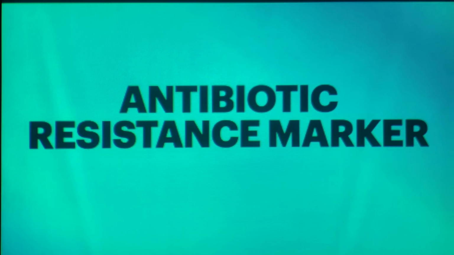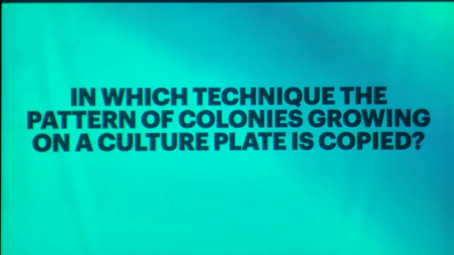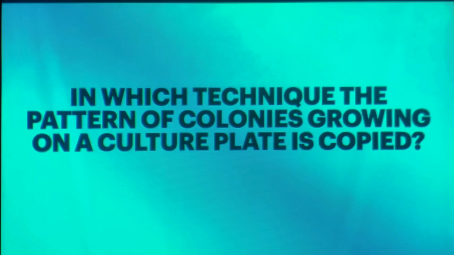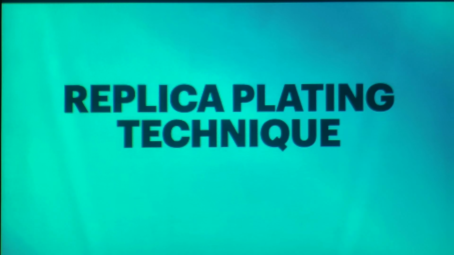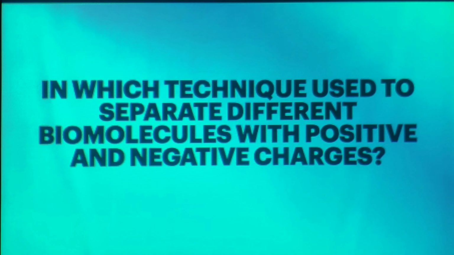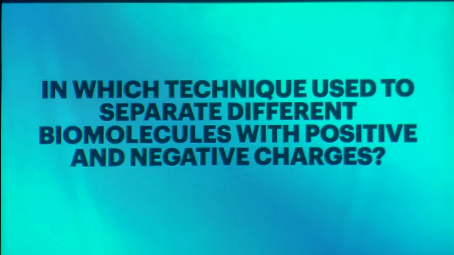Antibiotic resistance marker. In which technique is the pattern of colonies growing on a culture plate copied? Replica plating technique. Which technique is used to separate different biomolecules with positive and negative charges?